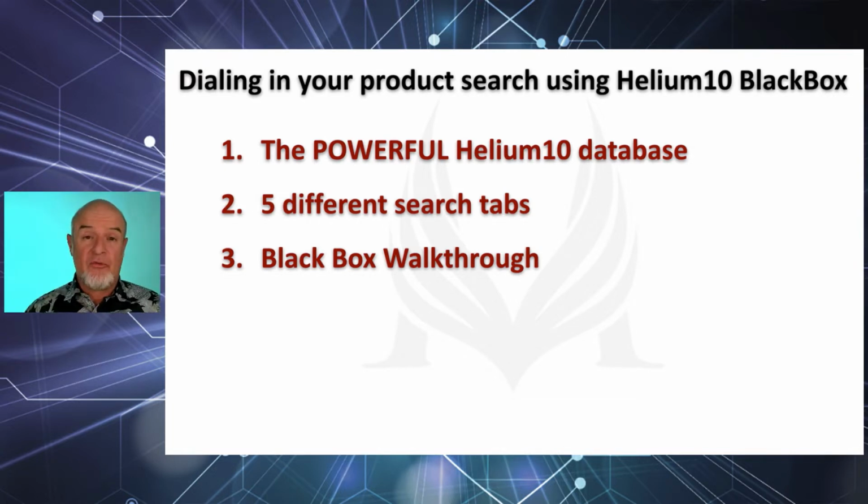It's going to be really useful to pinpoint certain types of product ideas and niche ideas at certain times using the various powerful tabs within the black box platform, okay? And then we're going to do a real live black box walkthrough, going through all those, okay? So, without further ado, let's get busy.